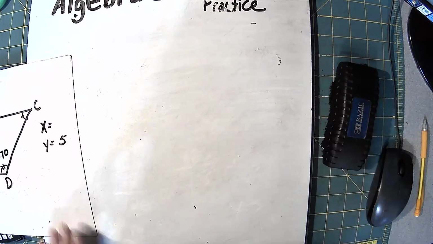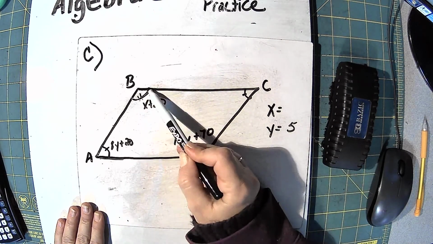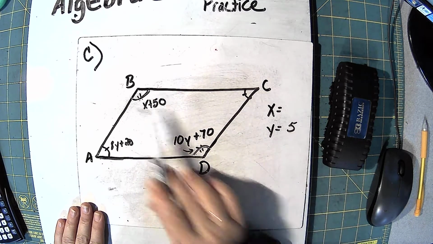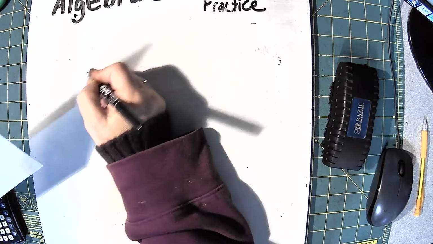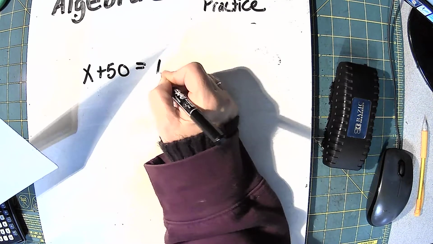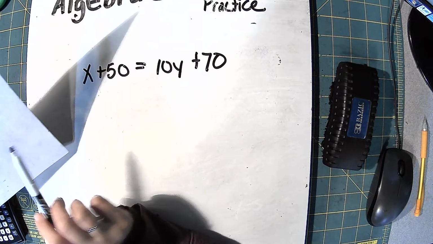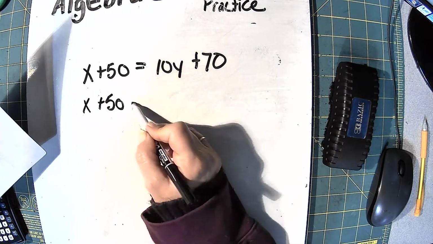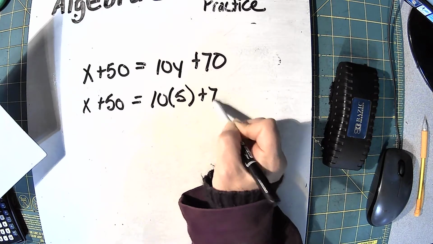Now we have to find x. Alright, so to find x, we're going to either have to say this angle is equal to this one, or these two add to make 180. I'm just going to set these equal. So I'm going to say x plus 50 equals 10y plus 70. And I know my y is 5, so I'm going to replace that. So x plus 50 equals 10 times 5 plus 70.